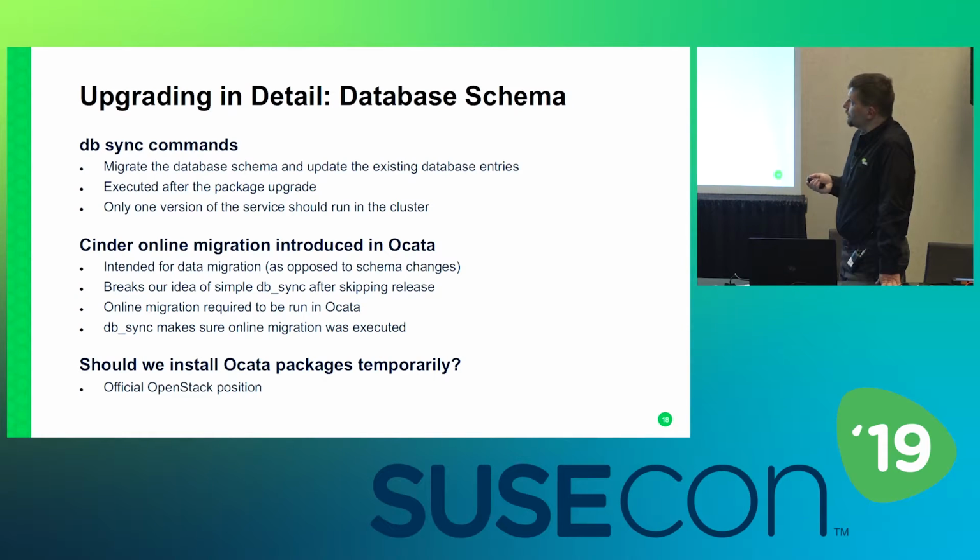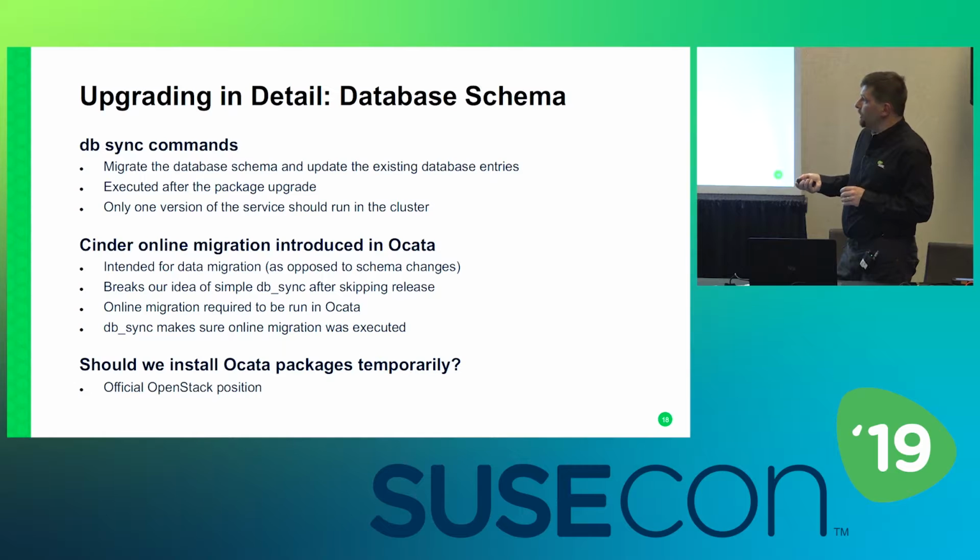Now, this mostly seems to work, but there are some exceptions. We found out with Cinder, there was this online data migration that was introduced in the Okata release that does the data migration in the database. The problem is that by default it is required to be run from Okata source, right? But we do not have Okata.